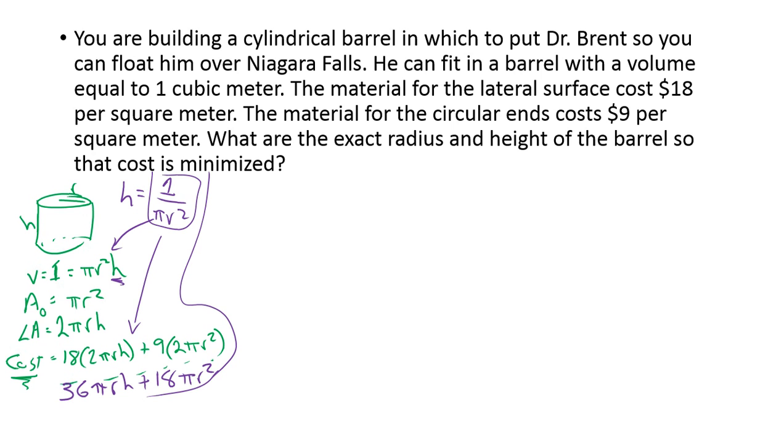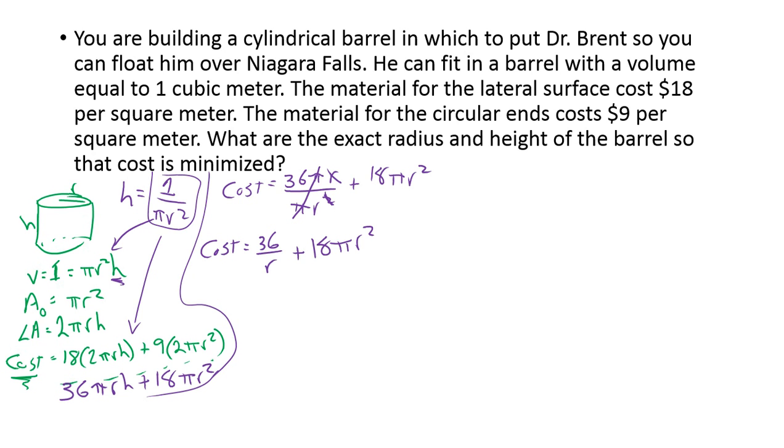And so what we have is that our cost will equal 36 pi r all over pi r squared plus 18 pi r squared. And so when we reduce, the pi's cancel and one of those r's is gone. So our new cost will be 36 all over r plus 18 pi r squared.